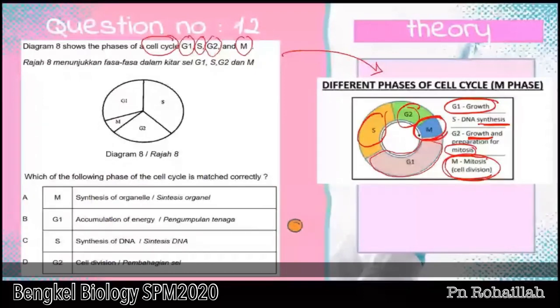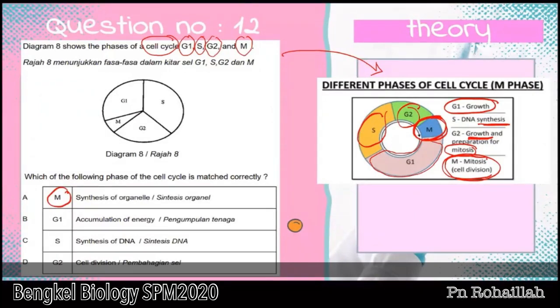So, which of the following phases of the cell cycle is matched correctly? M, synthesis of organelle. Apa ni? Salah lah. Organelle tu maksudnya yang dalam the cell. Contohnya we have mitochondria, Golgi apparatus, those are the organelles. Is it during M, mitosis, that the organelles are made?